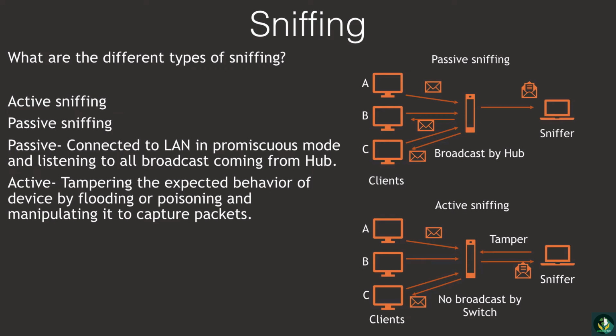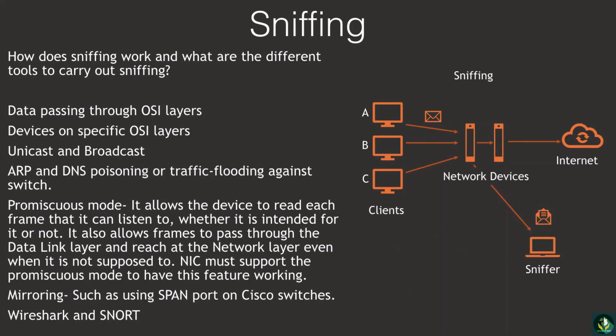There is some overview. So sniffing, how does sniffing work and what are the different tools to carry out sniffing? Data passing through OSI layers, devices on specific OSI layers, unicast and broadcast, ARP and DNS poisoning or traffic flooding against a switch.